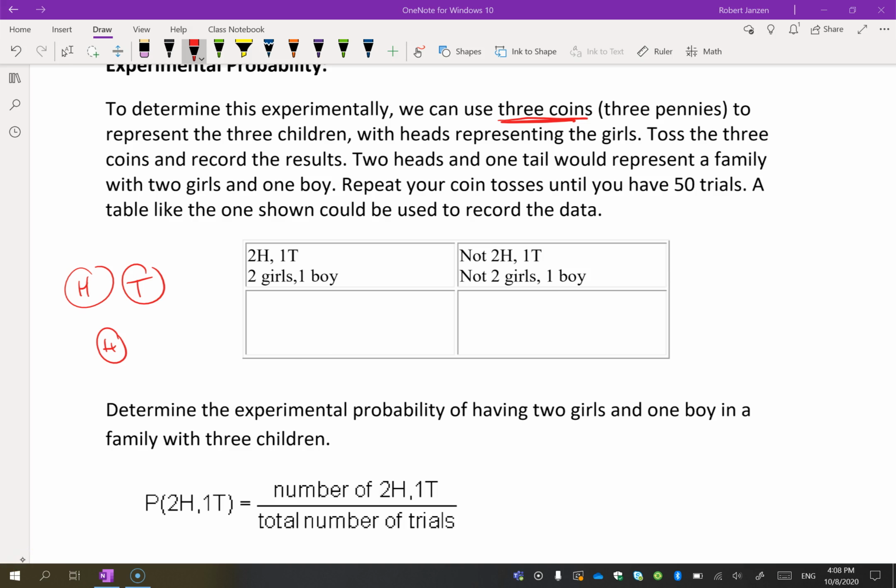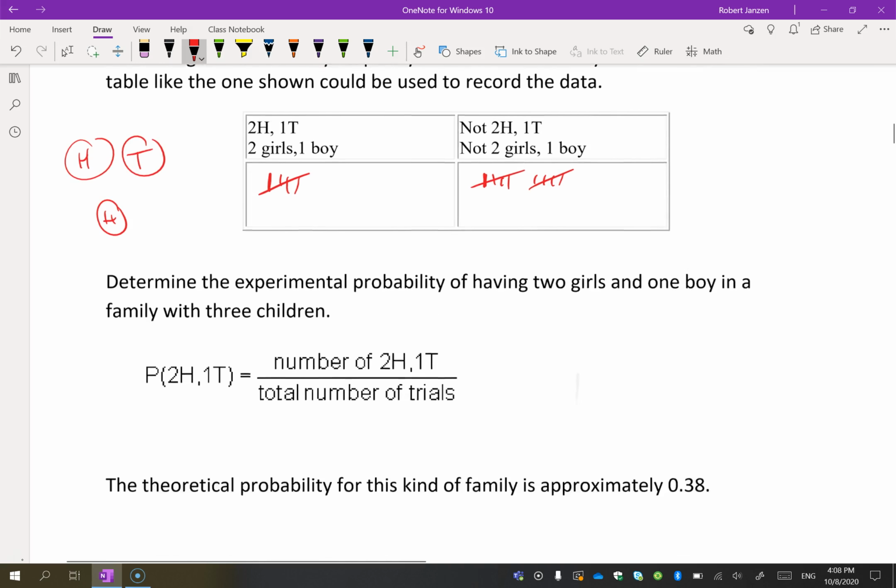So what you're going to do is toss 3 coins 50 times. And each time you record what you get. So if you end up with 2 heads and a tail, you would put a tally mark here. If it's not 2 heads and a tail, you would put a tally mark here. Okay, and you're going to do this 50 times, whatever you end up getting, I don't know. Okay, so go ahead and try that.